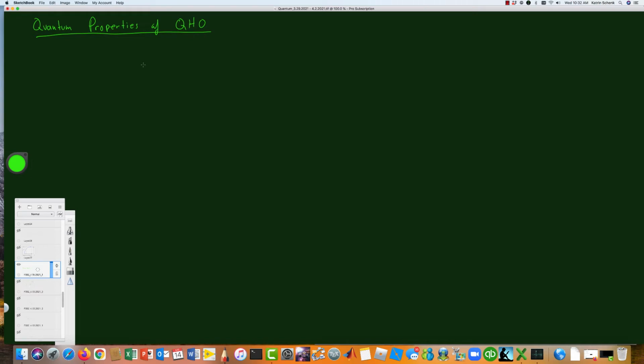I want to remind you that the first system we studied was the infinite square well, the ISW. In the ISW, remember, our potential energy function looked like this, where this is the 0th level, and out here it was infinity.